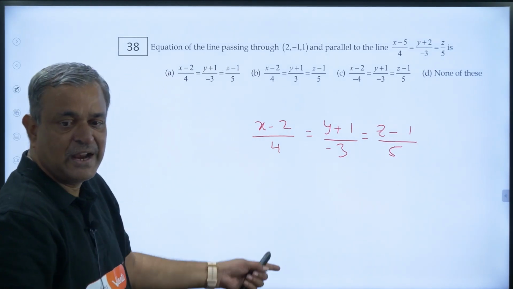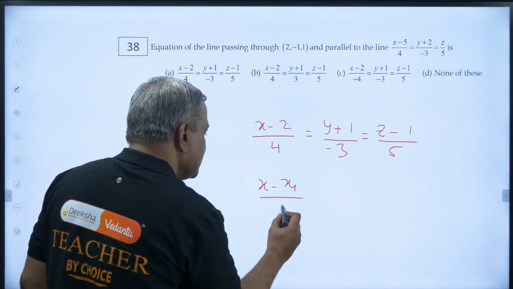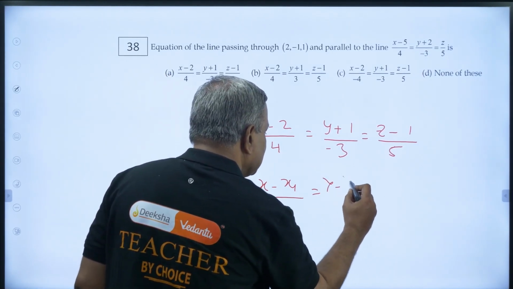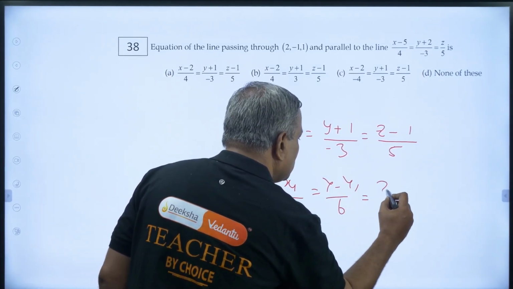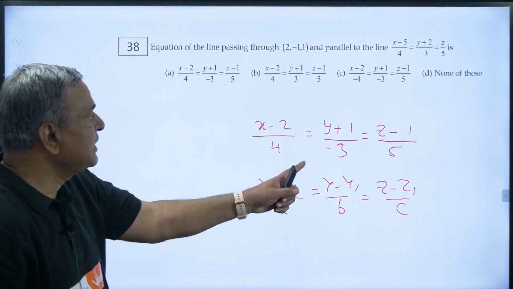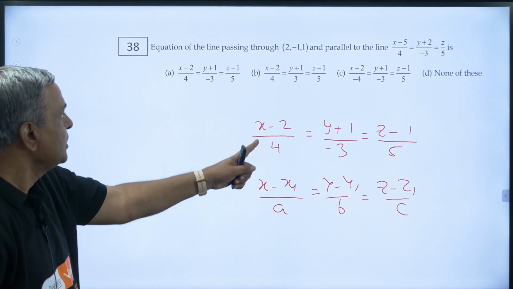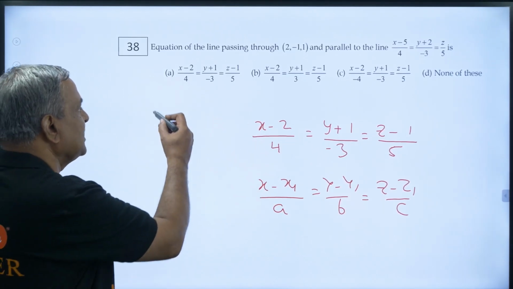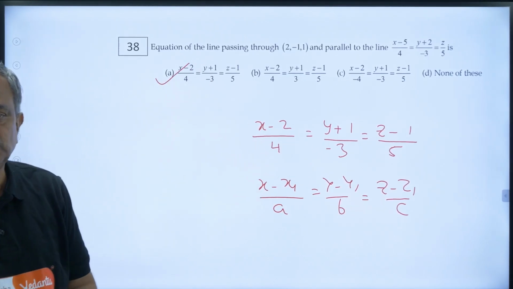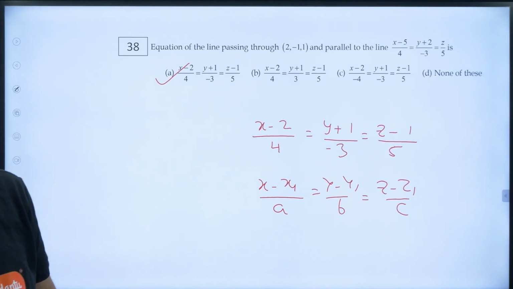DRs will be same and passes through the line equation x minus x1 by a equal to y minus y1 by b is equal to z minus z1 by c. So DRs will be 4, minus 3 and 5, passes through 2, minus 1, and option A is correct. Okay, it's a very simple question. They ask this question frequently, which is one line. So option A is correct.